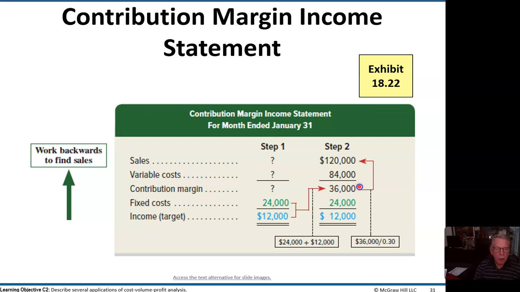And what we would do is take the 36,000 contribution margin and divide it by the contribution margin percent. And that will give us $120,000. The difference then will be $84,000 in variable costs. We could have also taken the 36,000 and divided that by 70%. That's 100% for sales, and 30% for contribution margin would mean the variable costs would be 70%.